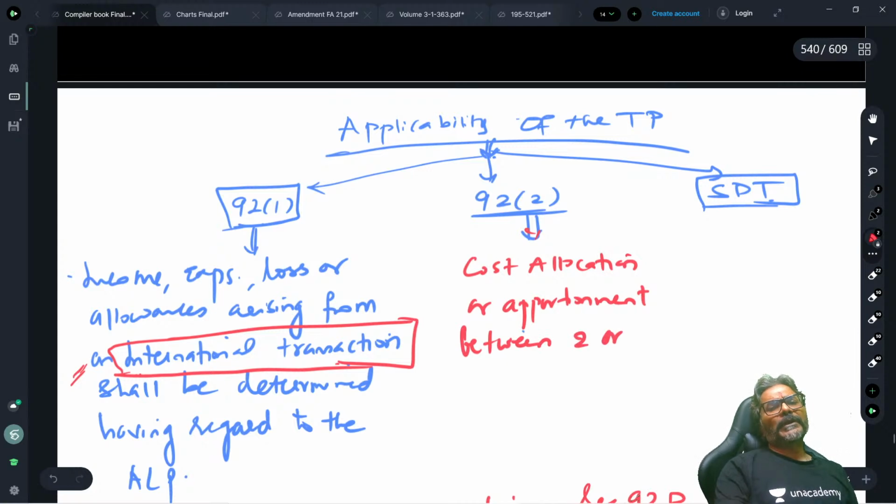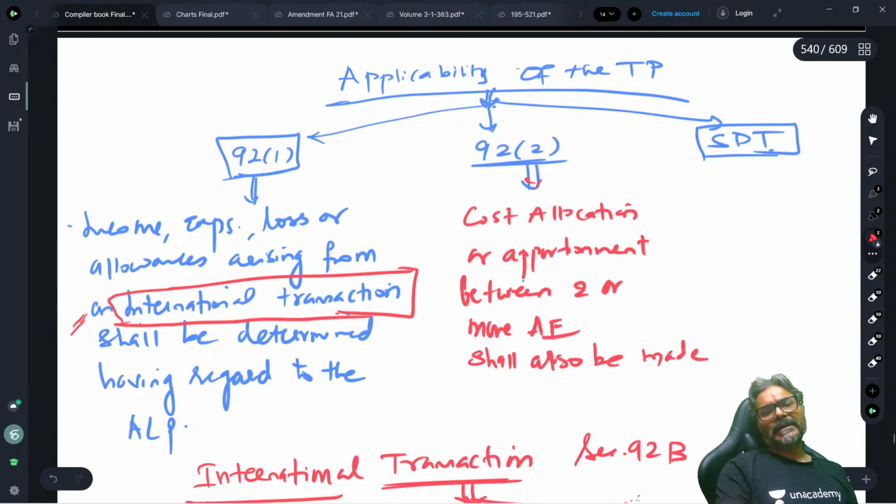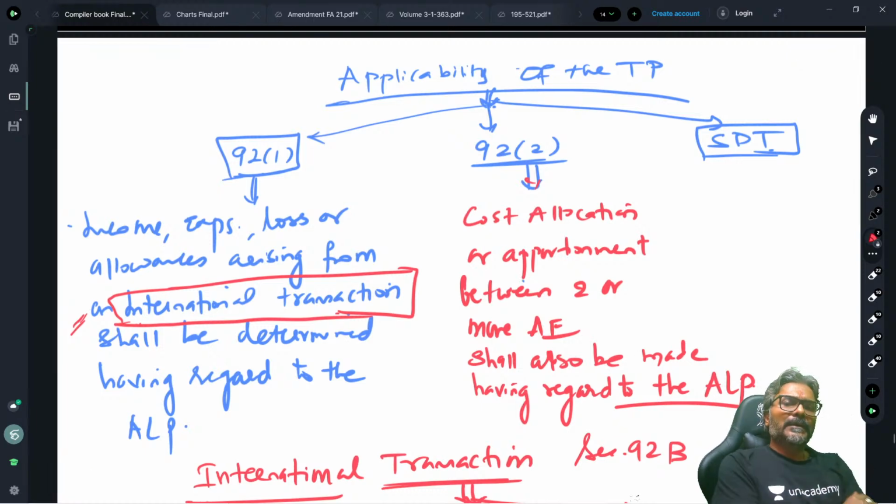Between two or more associated enterprises shall also be made having regard to the arm's length price.